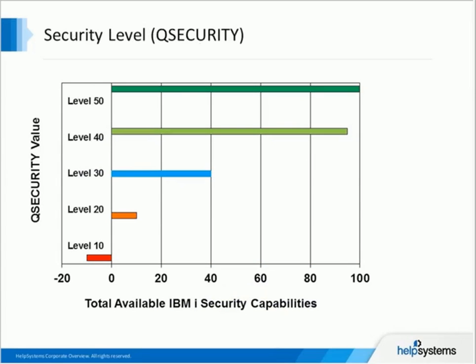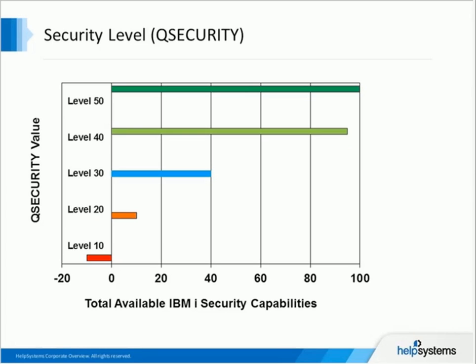The first one that you have to pay attention to, and the most important one on the system, is the security value called QSECURITY. That is the one that sets the tone of security across the entire system. There used to be 5 values for the QSECURITY system value: level 10, 20, 30, 40, 50.